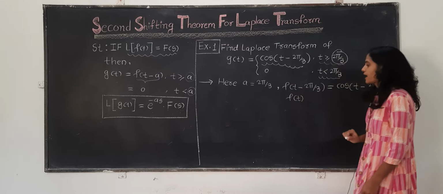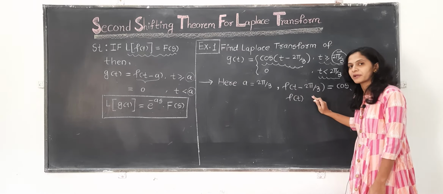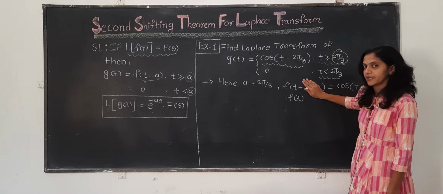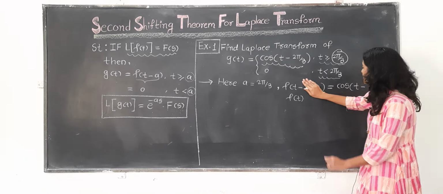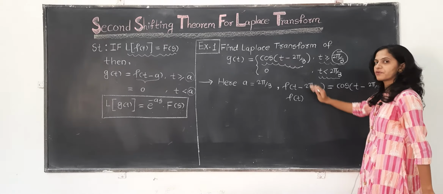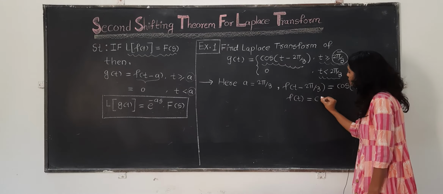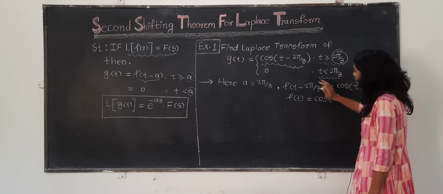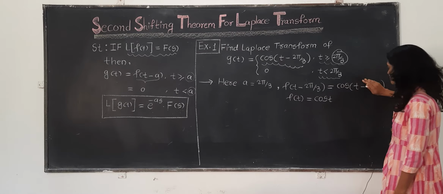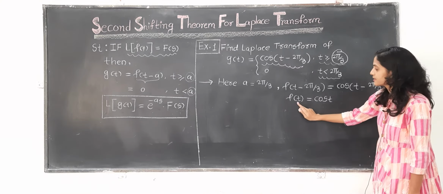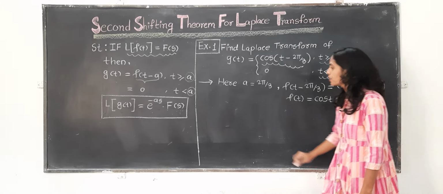How to write f(t) using f(t minus 2 pi by 3)? Just remove this a. So removing this 2 pi by 3, you will get the value of f(t) as cos t. So what are we getting here? f(t) is cos t.